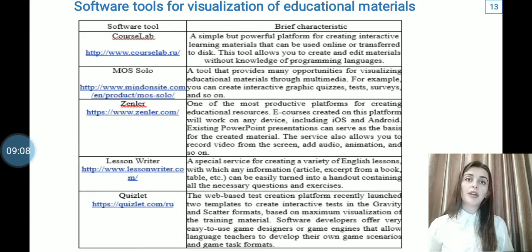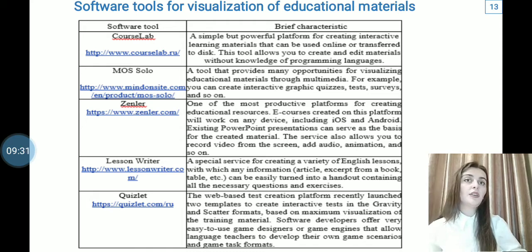The table provides a brief description of software tools and a description of their functionality in the process of teaching foreign languages. But the full results of these software tools are presented in our article.